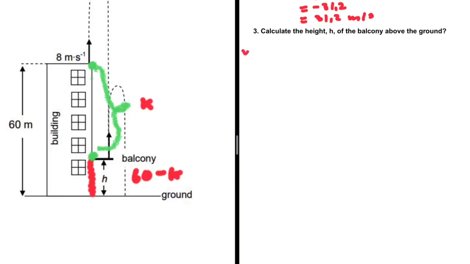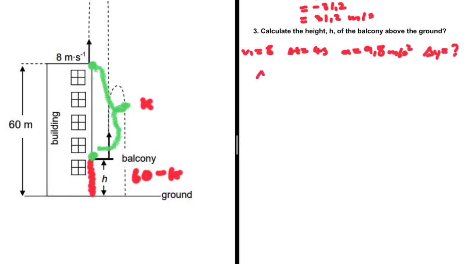Our initial velocity is 8 meters per second. Our change in time is 4 seconds. Our acceleration is 9.8 meters per second squared. We are interested in the displacement. With these 4 variables, which equation can you use?